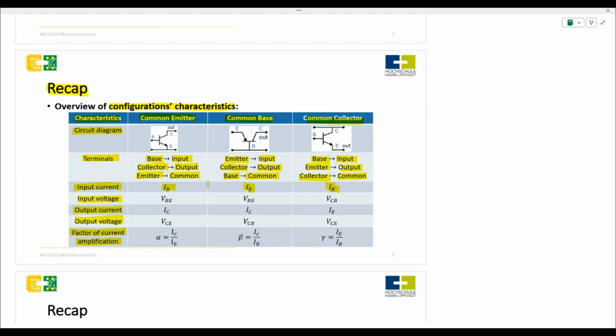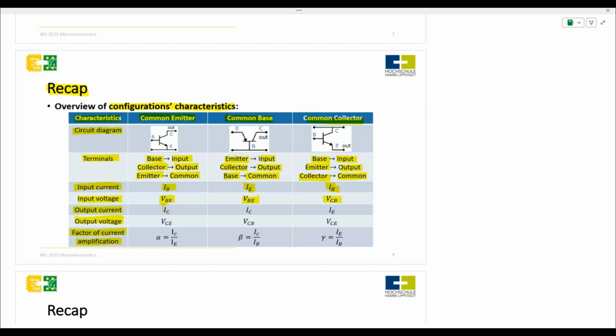The input voltage is between the common and the input. So we have our VBE, and also VBE here, and here we have our VBC or VCB.